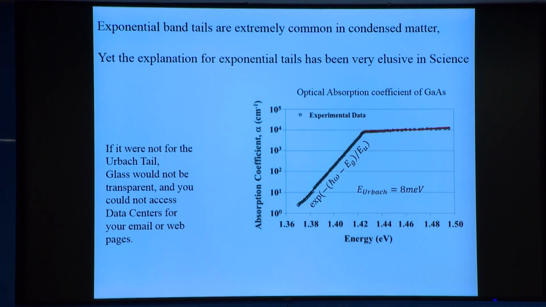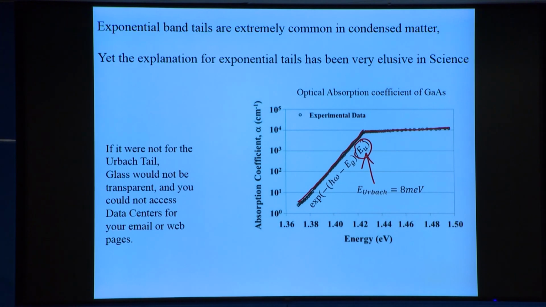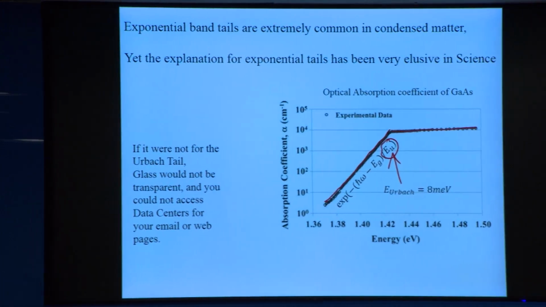Instead, it's still very steep, but it's exponential. The exponential parameter is in units of energy, again millivolts, like millivolts per decade, and this is called the Urbach energy. This is for gallium arsenide. I happen to have memorized this: it's one of the sharpest, a pretty good material, at 7 millivolts per decade.